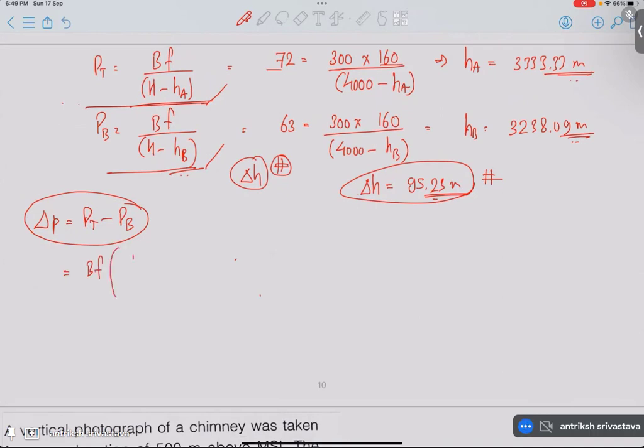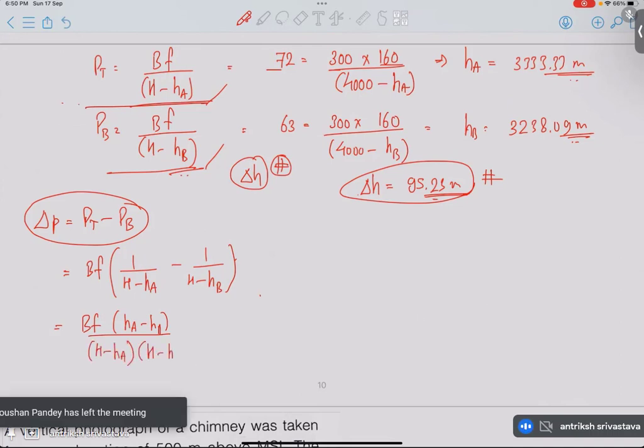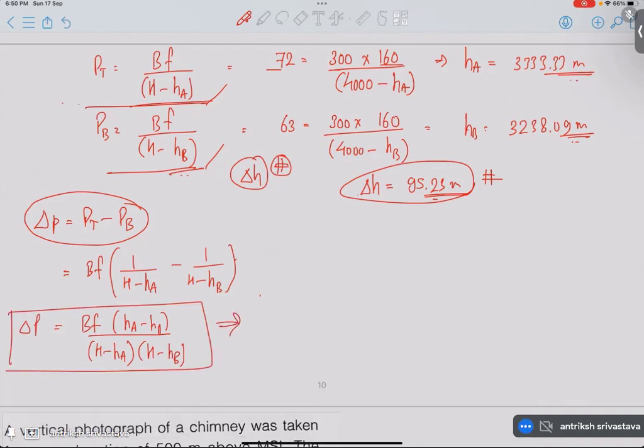So B and focal length F will come common outside. And when we simplify this, we have HA minus HB upon H minus HA, H minus HB. That is the difference between the focal length. And if you just look at this, this is nothing but the parallax for the top.